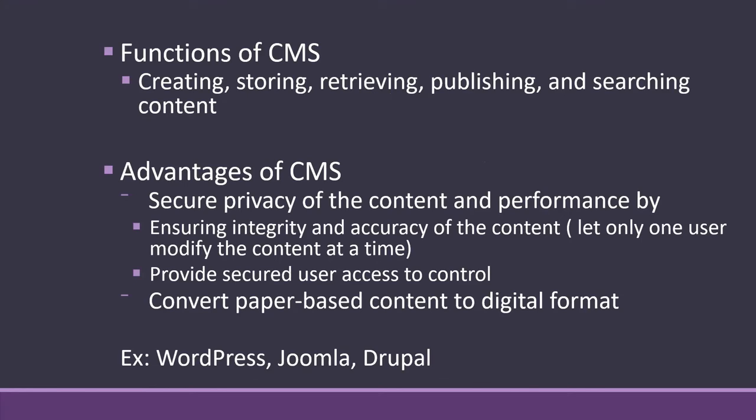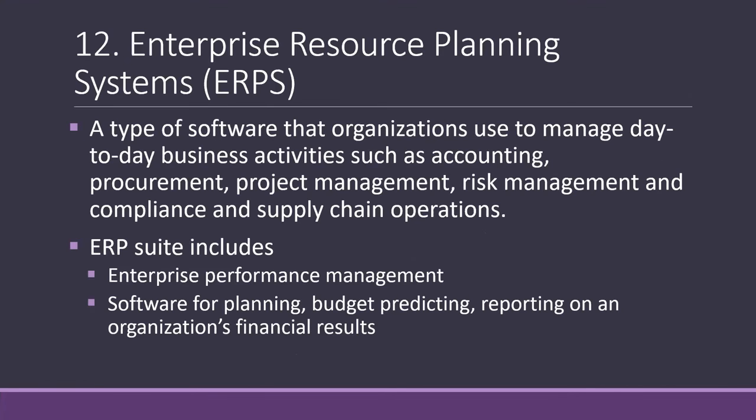These are the functions of a CMS. And we can use a CMS to secure the privacy of the content, and ensure the integrity and accuracy of the content. That means only one user can modify some content at a time. Security can be given, like authorizations. And paper-based content can be converted into digital format as well. Examples are WordPress, Joomla, and Drupal.